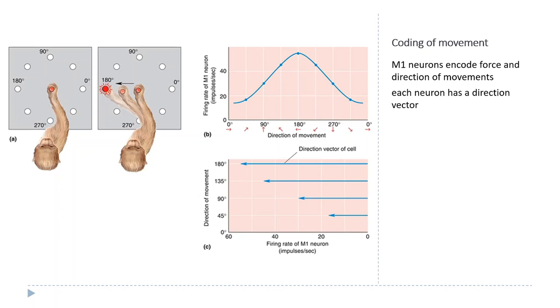And so this can be demonstrated by showing that neurons in primary motor cortex have what are called direction vectors. And the way you show this is by recording activity from motor cortex neurons and then looking for how those neurons are active during movements in particular directions. So an example of this kind of experiment is this one here.